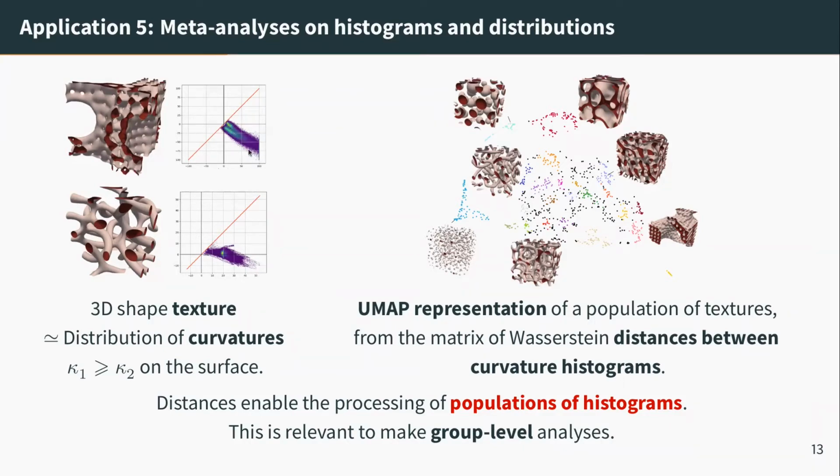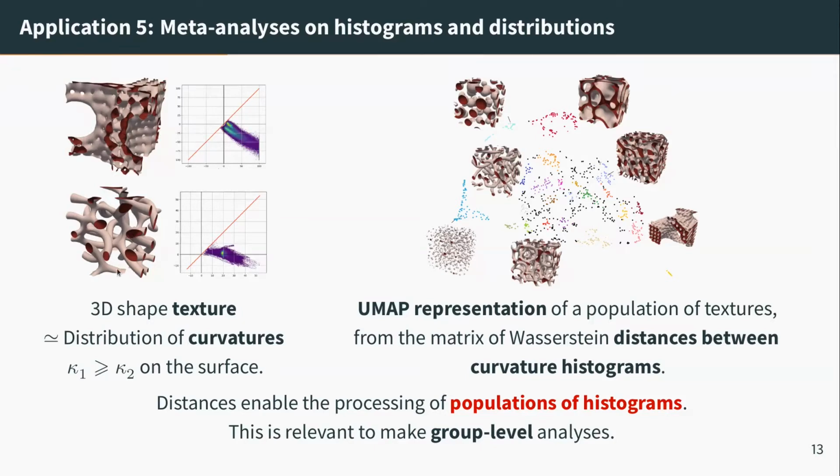The coordinate kappa 2, so y, is always equal to minus kappa 1. So this shape texture is identified with a distribution along this diagonal of the diagram. Then you have varying values of kappa 1 and kappa 2, fixed along this axis, but they can take different values.